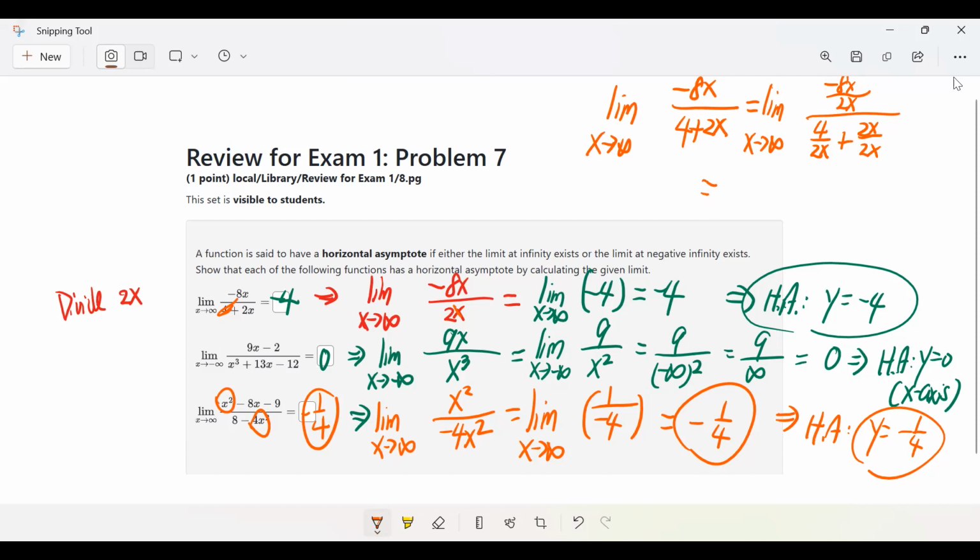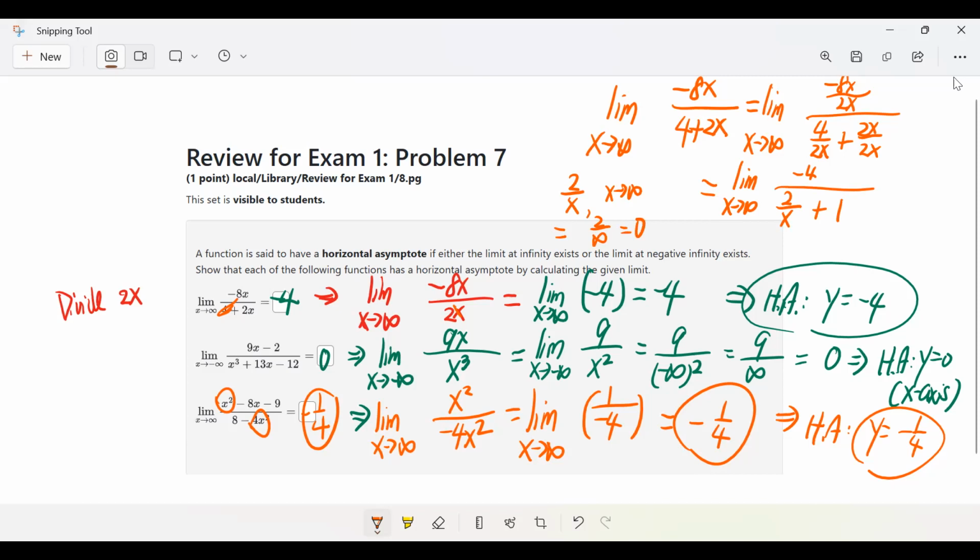Now, what happened? Let's analyze. On top is negative 4. On the bottom is 2 over x, and this 1. Now, as x approaches infinity, this 2 over x will become 2 over infinity. That's going to be 0.